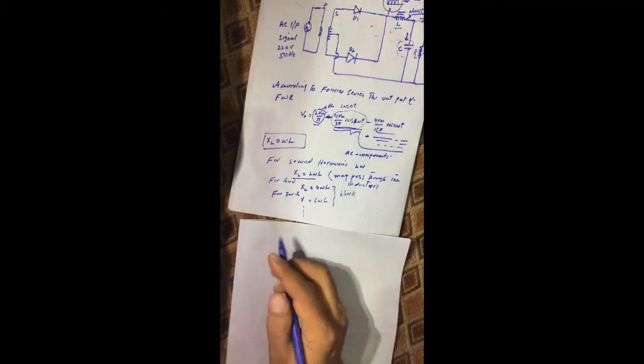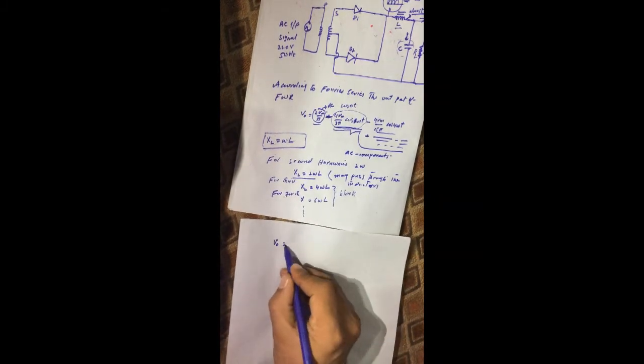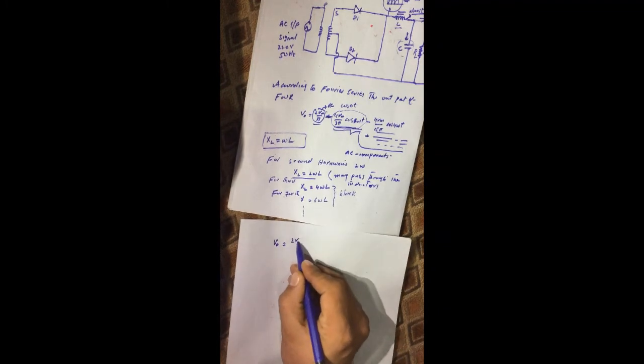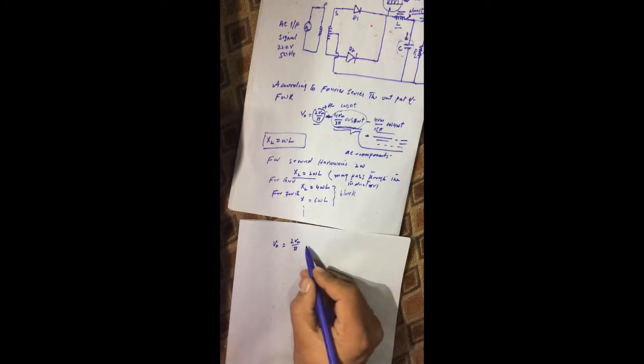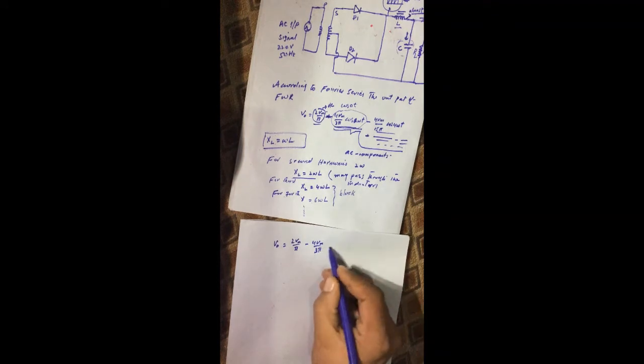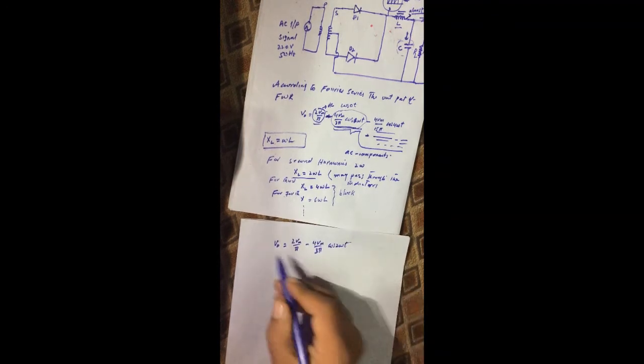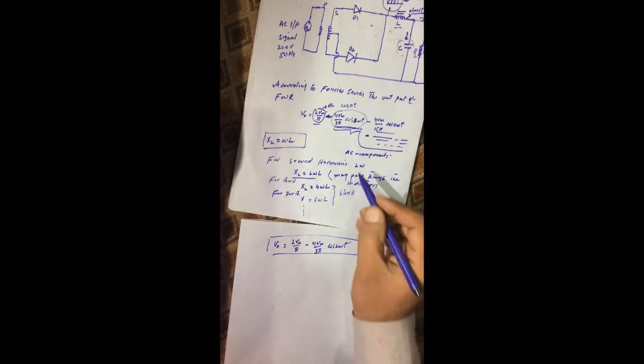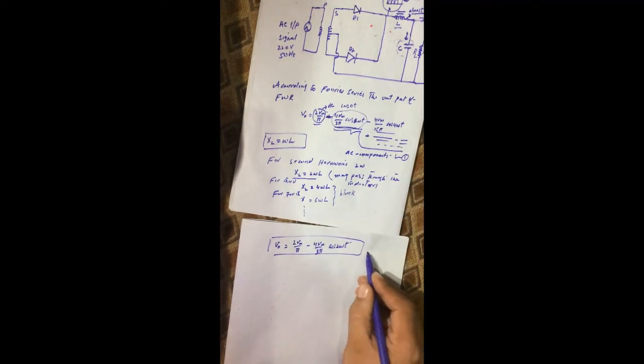So the output after passing through the inductor will be V naught, which is equal to 2 Vm over pi, minus 4 Vm over 3 pi into cos 2 omega t. If this is my equation number 1, then this will be equation number 2.